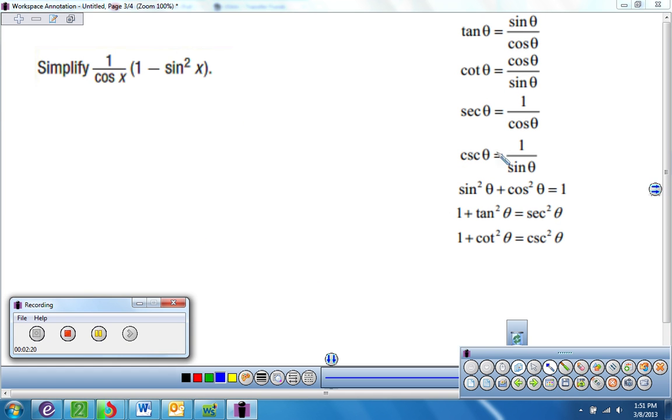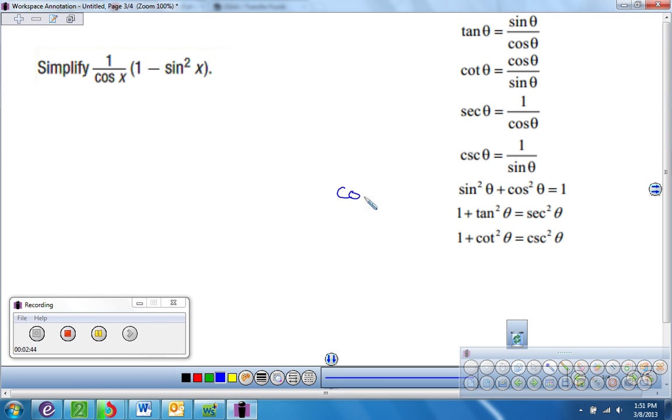Alright, now here I've listed the identities that we have so far again, and this time we have this. Now, I have 1 over cosine x. I may replace that with secant, but I'm going to hold off on that. I'm going to look at this squared part right here. We've already done this a couple of times, but I can replace that cosine x squared.